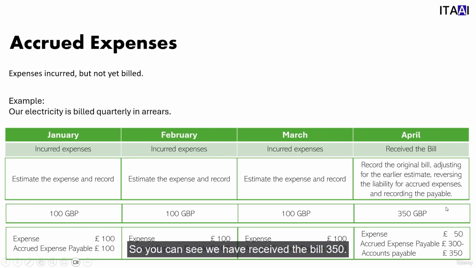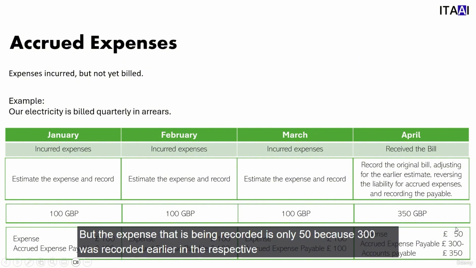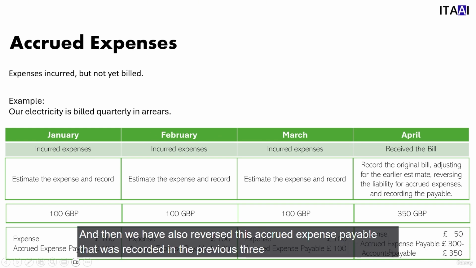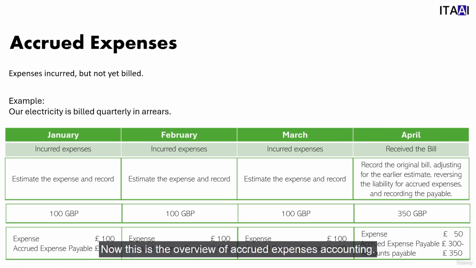So you can see we have received the bill of 350, the liability that has been recorded is 350, but the expense that is being recorded is only 50, because 300 was recorded earlier in the respective periods. And then we have also reversed this accrued expense payable that was recorded in the previous 3 months. Now this is the overview of accrued expenses accounting.